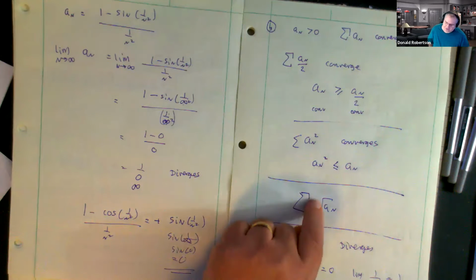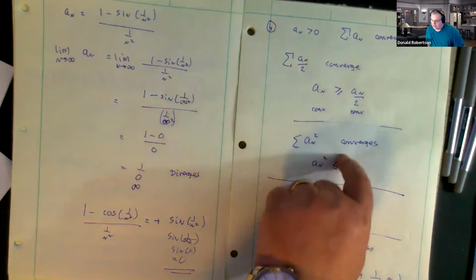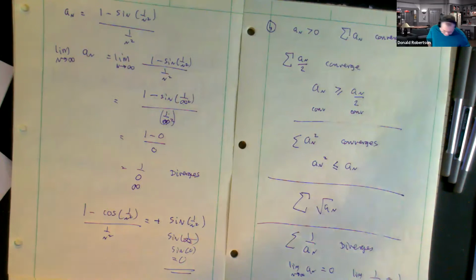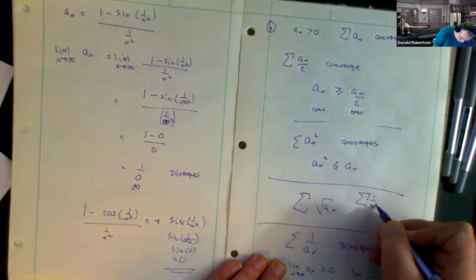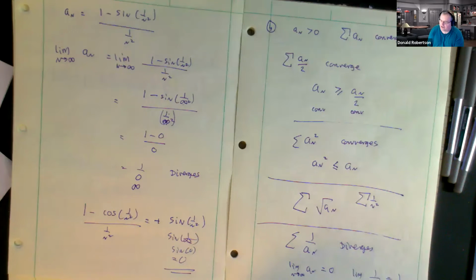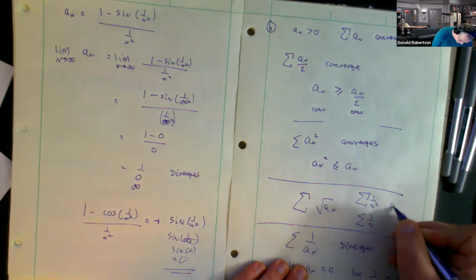Now, this one, being the only one that's left, must be the only one that's false, because the other 3 say that. But I could give you an example. Would you all agree that that converges? If I take the square root of this, don't you get that one?